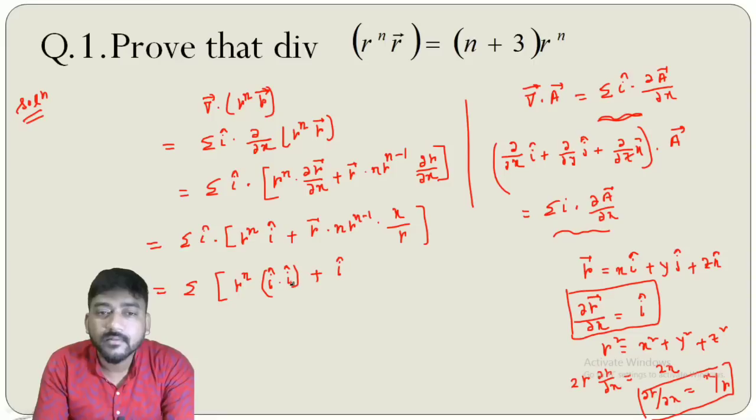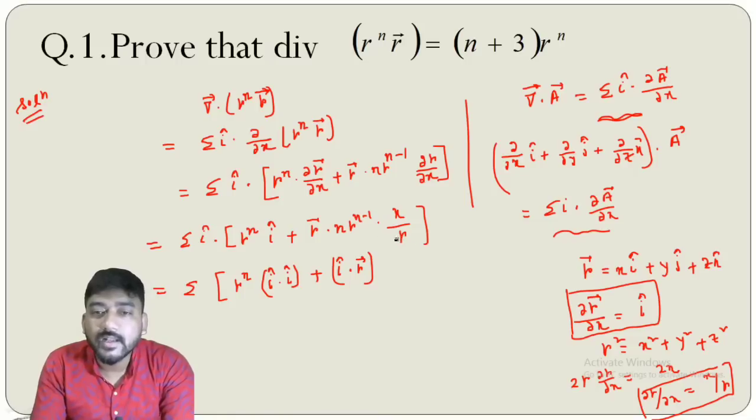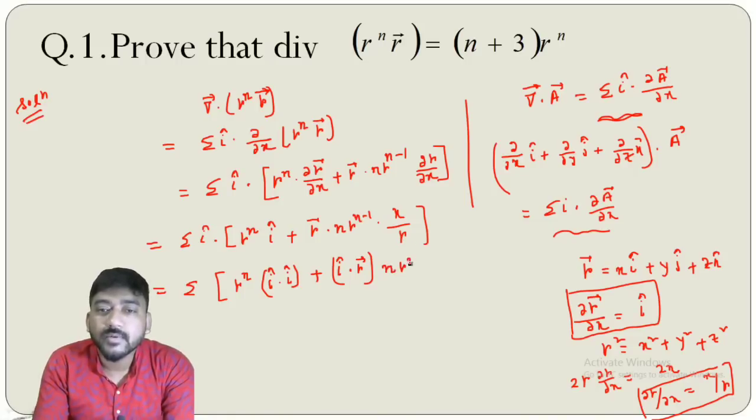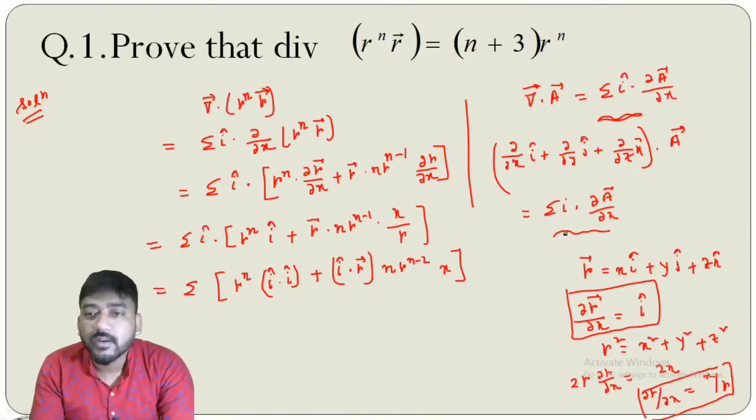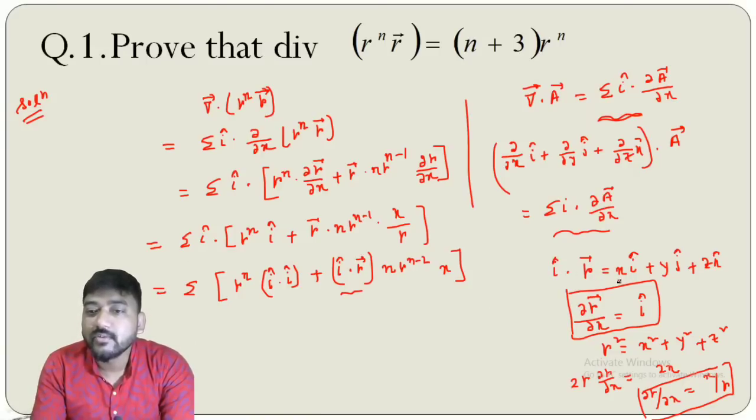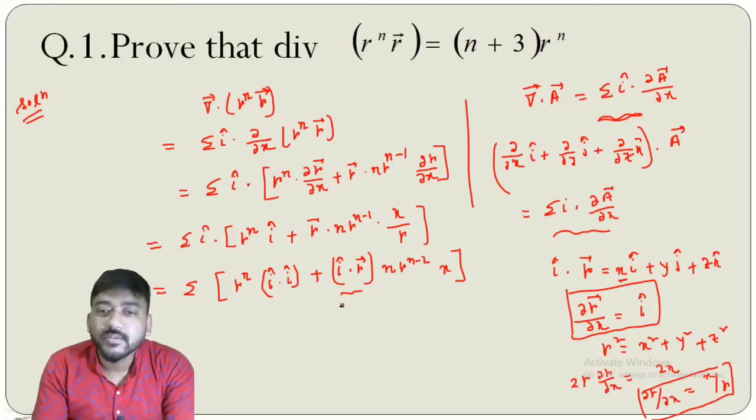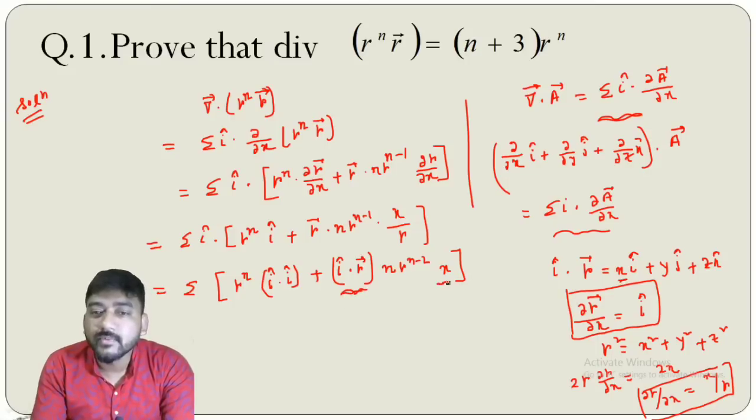If you take this r here, it will be n r to the power n minus 2 into x. Now this i dot r is also x, because r is the vector, so the dot product i dot r is only x. So here x and this x will be x square.